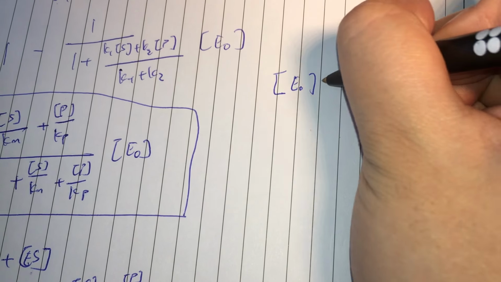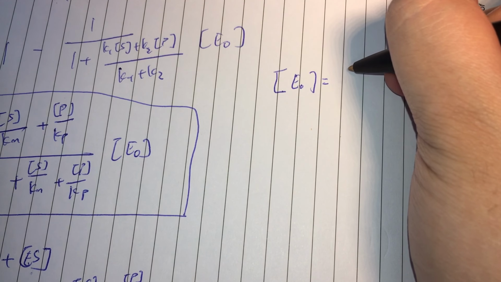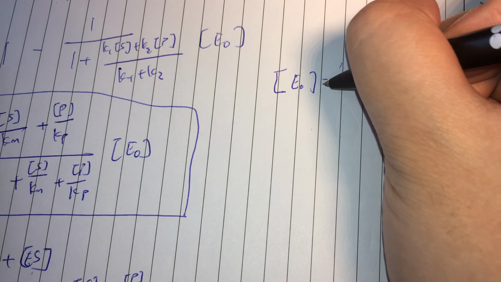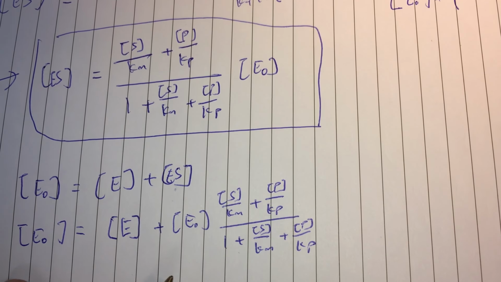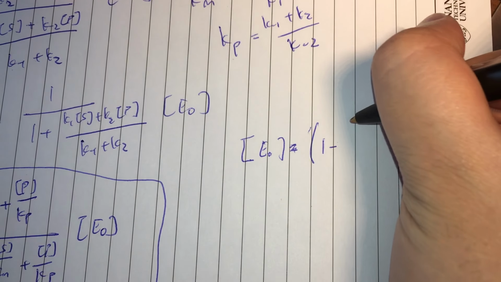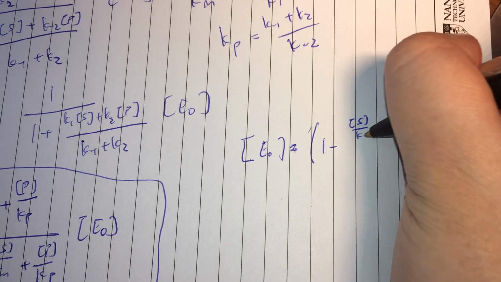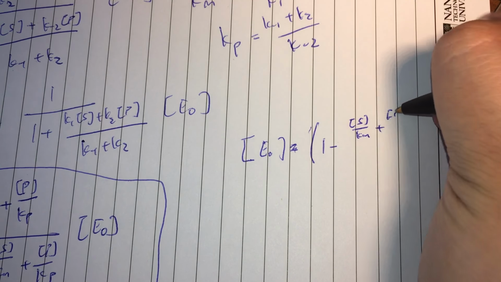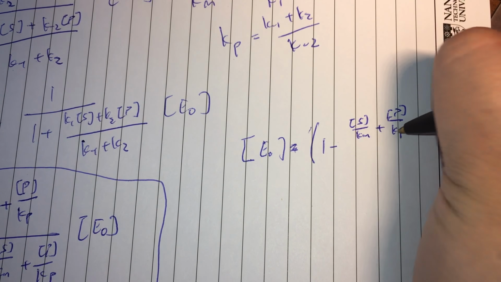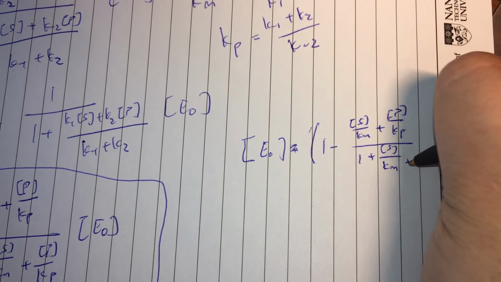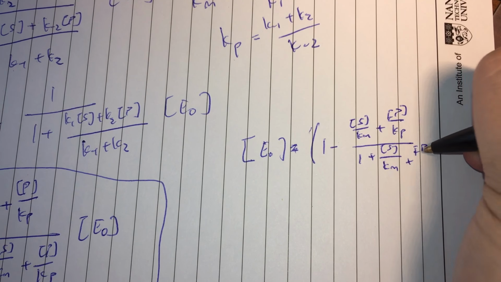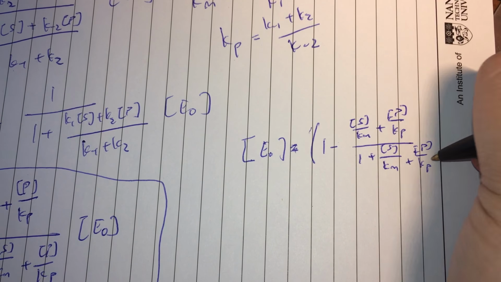E naught equals, so I have a 1, so I have 1 minus whatever this is: 1 minus S over Km plus P over Kp over 1 plus S over Km plus P over Kp.